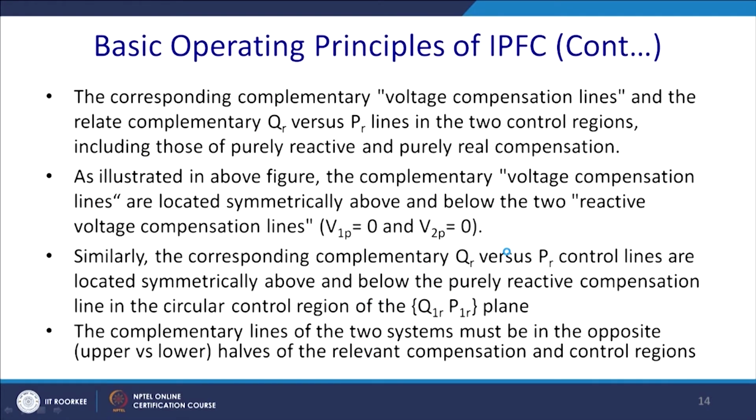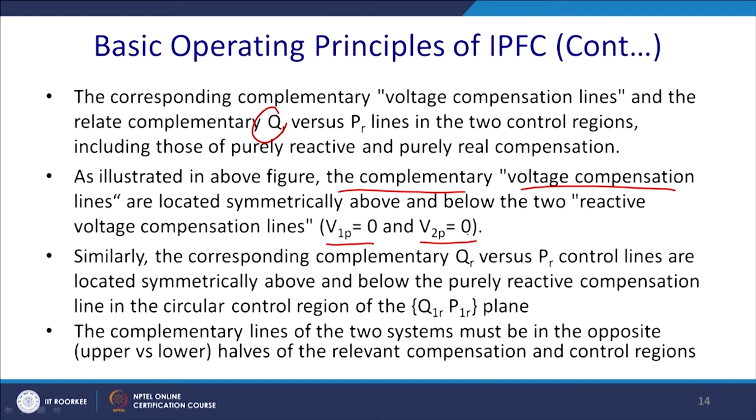Corresponding to the complementary voltage compensation line and the rated complementary QR versus PR line in the two regions, those are where purely reactive and real power compensation can be fed. As illustrated in the previous figure, the complementary voltage compensation lines are located symmetrically above and below the two reactive voltage compensation lines, that is V1P0 and V2P0.